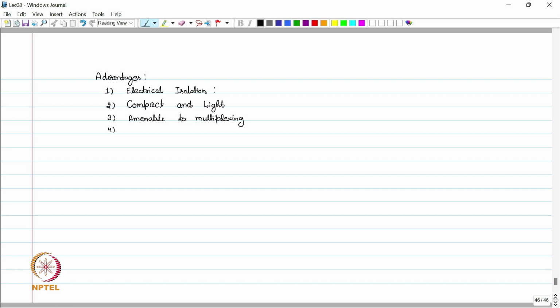The other is extremely high bandwidth capability. This is also a very important parameter about optical waves.